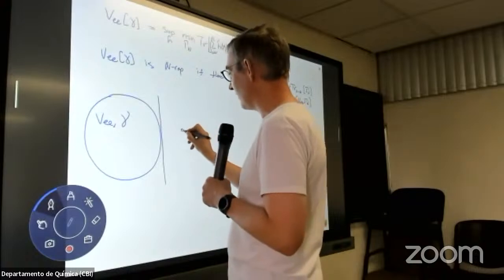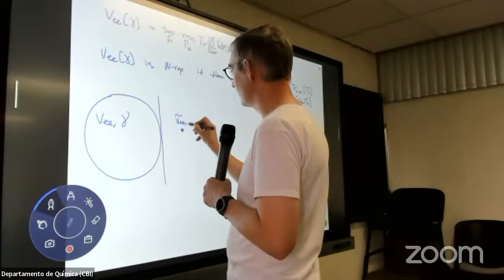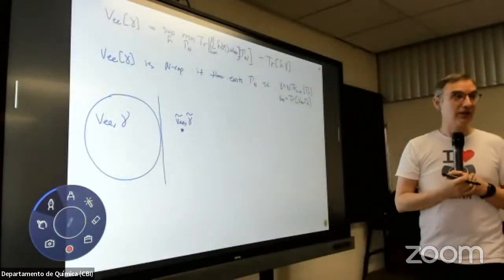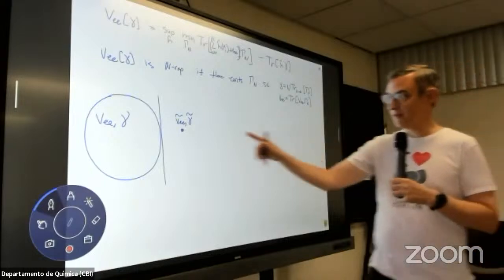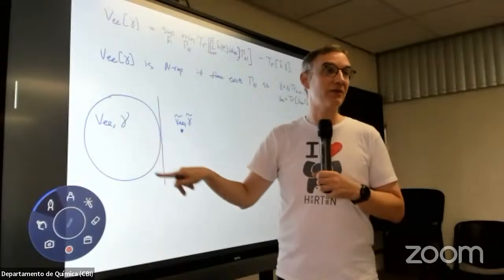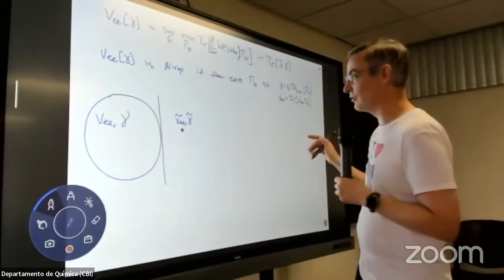And once again, if I have some bad guy out here that's not in-representable, then I know that there must be some hyperplane, and the hyperplanes are all ground states of this, that this is too low for. So what does that mean?